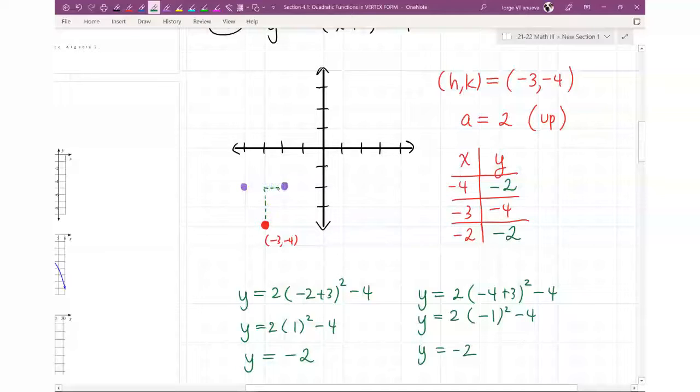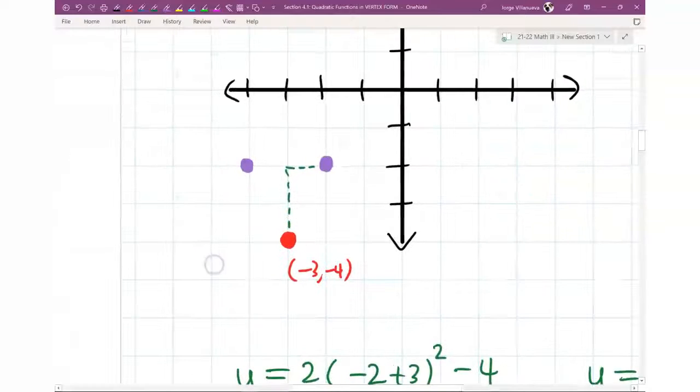From the red dot to a purple one. How many times do I go up? Let me zoom in. To go from the red dot to the purple dot, how many times do I go up? All right, 2. Thank you. How many times over? Just once. So 2 over 1, right?